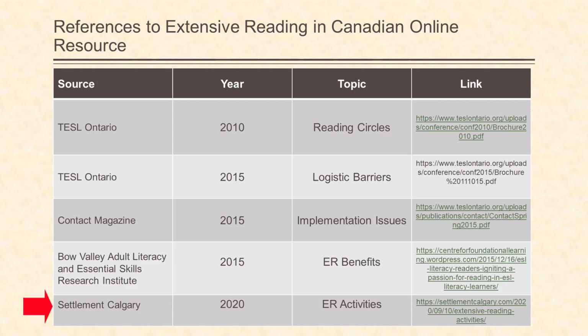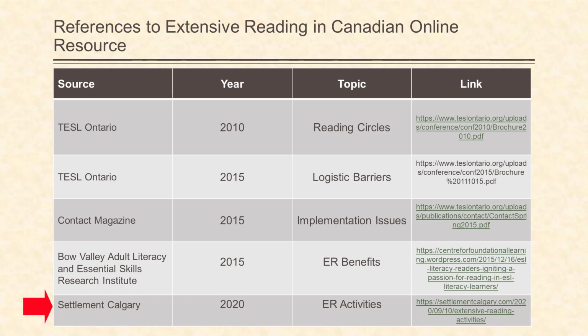Finally, in September 2020, Settlement Calgary published a very short paper entitled Extensive Reading Activities. The purpose of this publication was to give a brief definition of extensive reading and to list its benefits. The article encourages teachers to use materials such as graded readers, authentic books, bilingual books, and magazines and comic books for extensive reading.